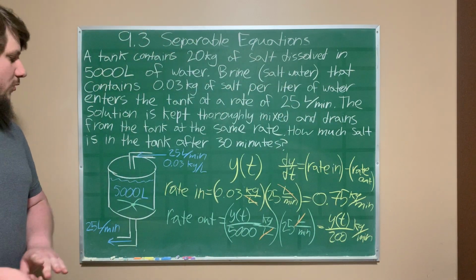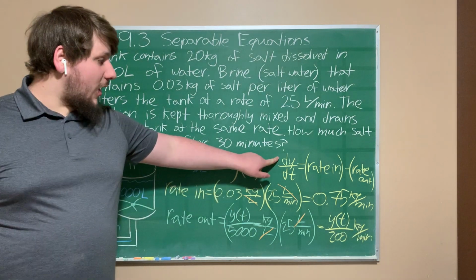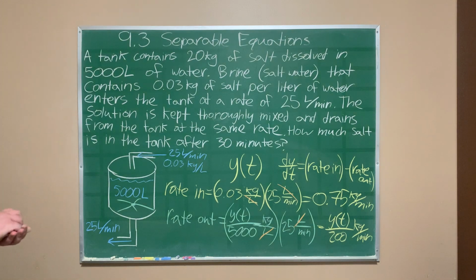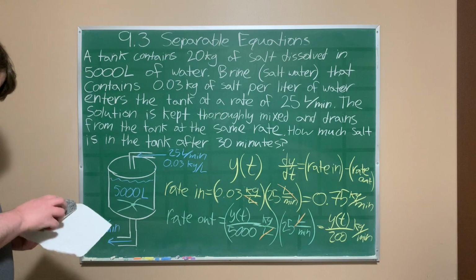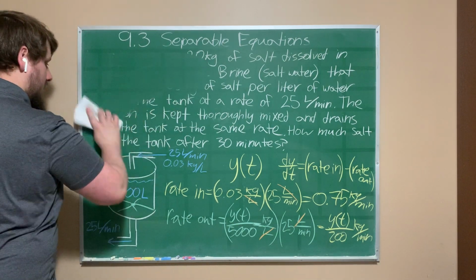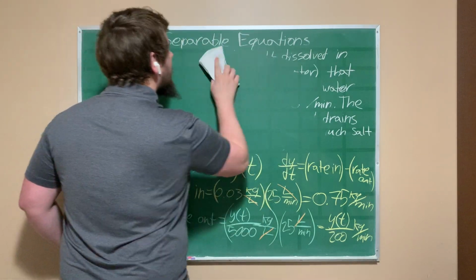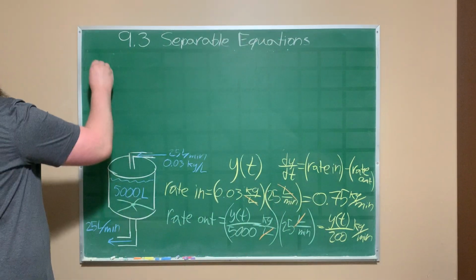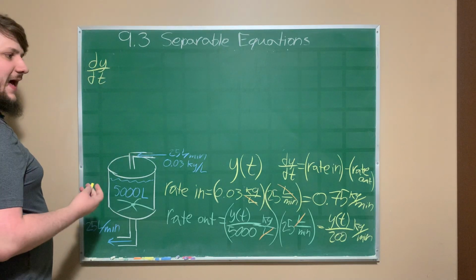Okay, so we now know the rate in and the rate out. We can write a differential equation, dy/dt equals this value minus that value. I'm going to need to do some erasing so I have space to solve this differential equation. Okay, so we have dy/dt, the total rate of change of salt with respect to time here.